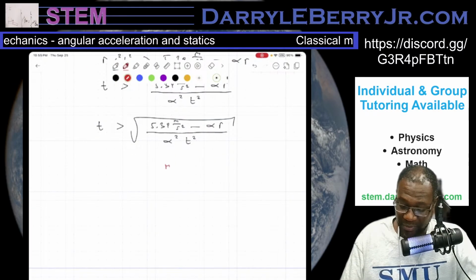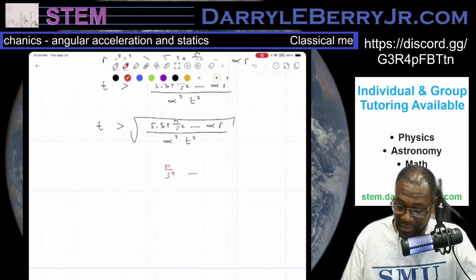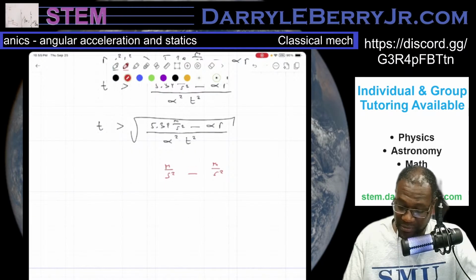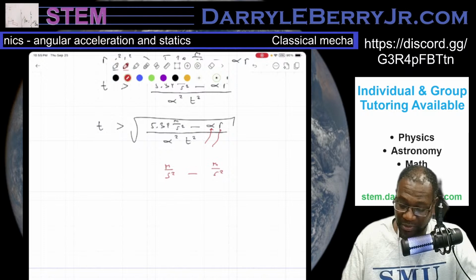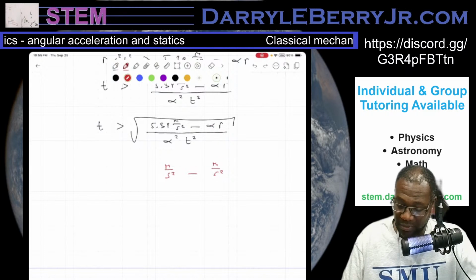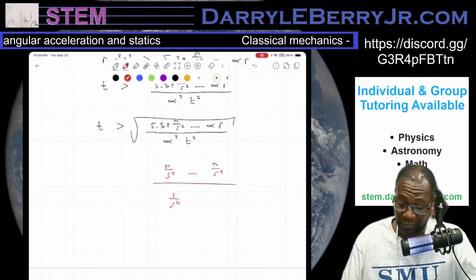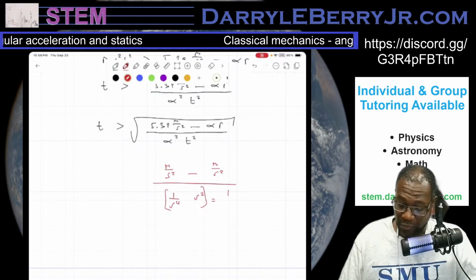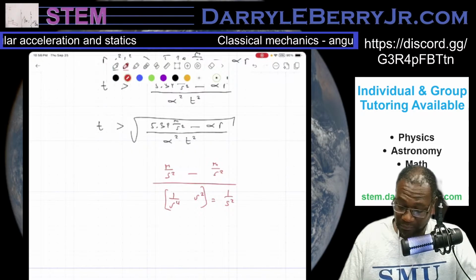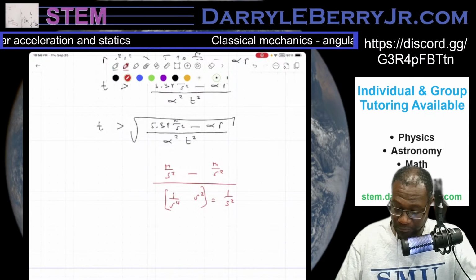So I have meters per second squared here minus meters per second squared, because again, this is 1 over seconds squared and this is meters. That's the radius. Divided by, this is 1 over seconds to the 4th, because it's 1 per second squared, and then second squared. So this equals 1 over seconds squared.